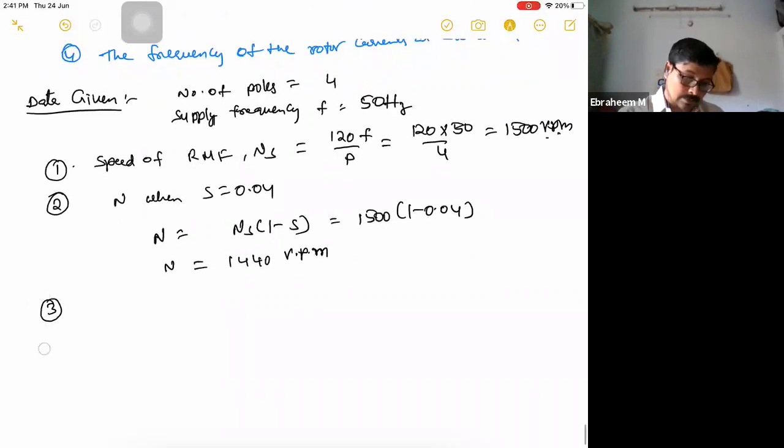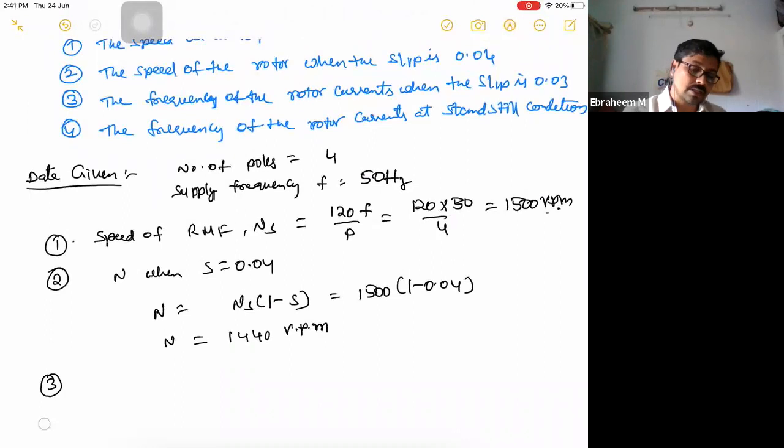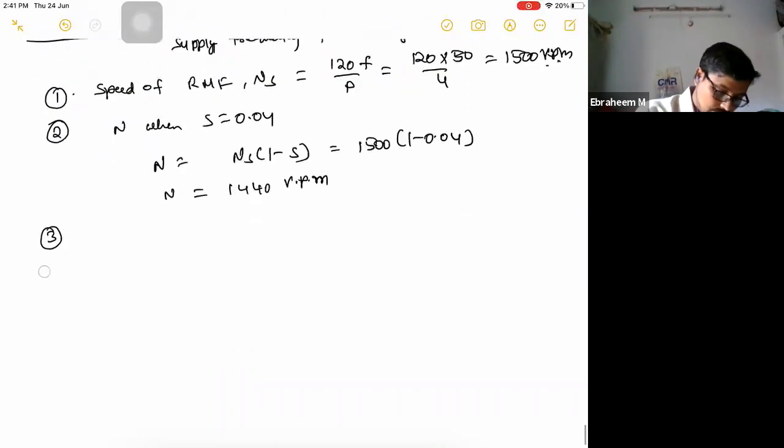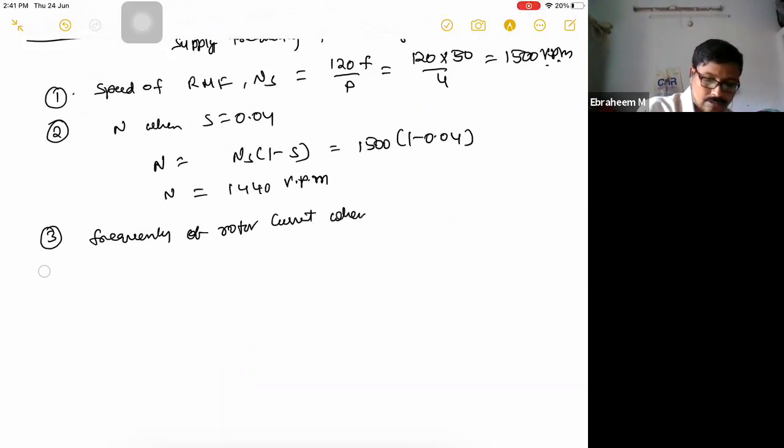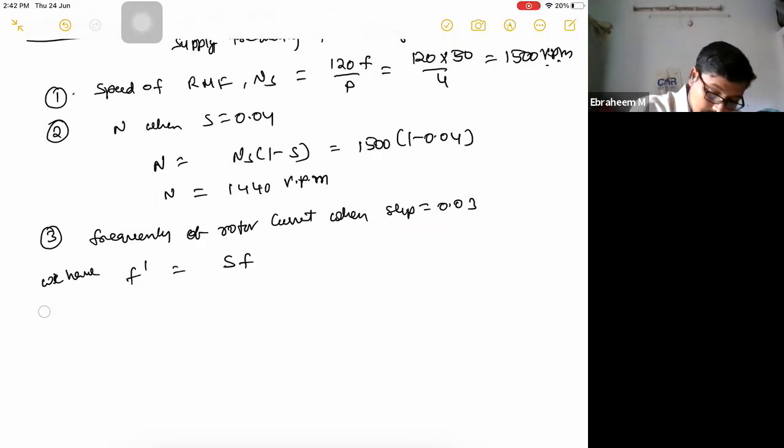Third one, the frequency of the rotor currents when the slip is 0.03. So the frequency of rotor current when slip is equal to 0.03, right? We have the relation f dash is equal to s into f, right?